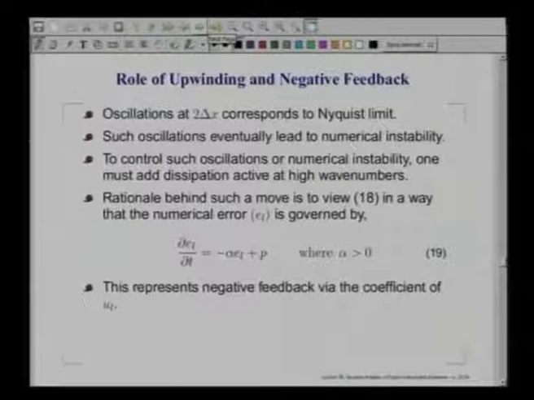Now, if I write down the corresponding error equation, which is not very trivial, to control this oscillation at 2 delta x, what we really understand is that the central schemes are insensitive to the node point we are looking at.